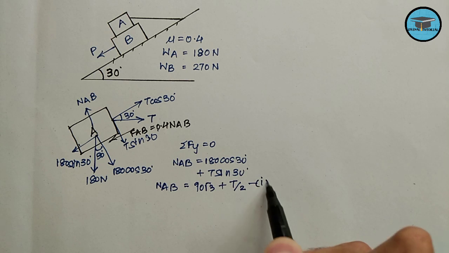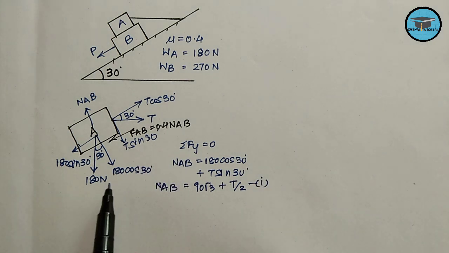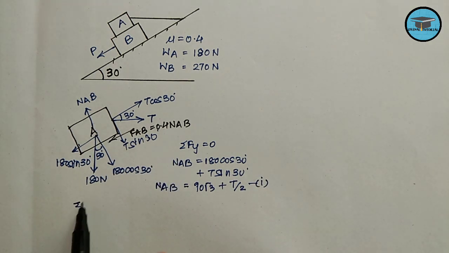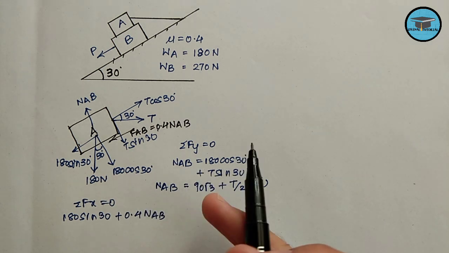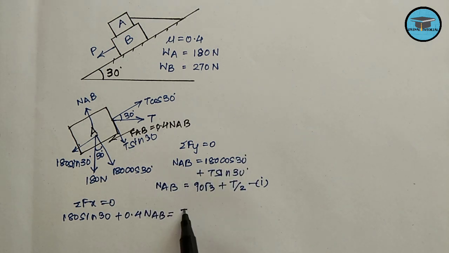Let us take this as equation number 1. Now we apply another equilibrium condition, sigma Fx equals to 0. So 180 sine of 30 plus 0.4 times NAB is equal to T cos of 30 degrees.